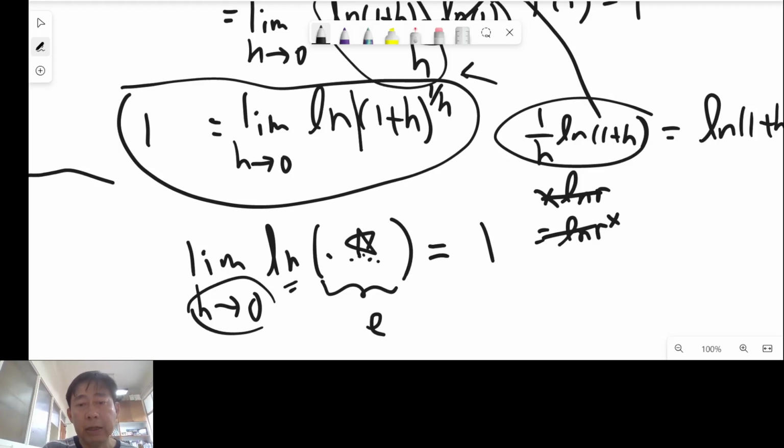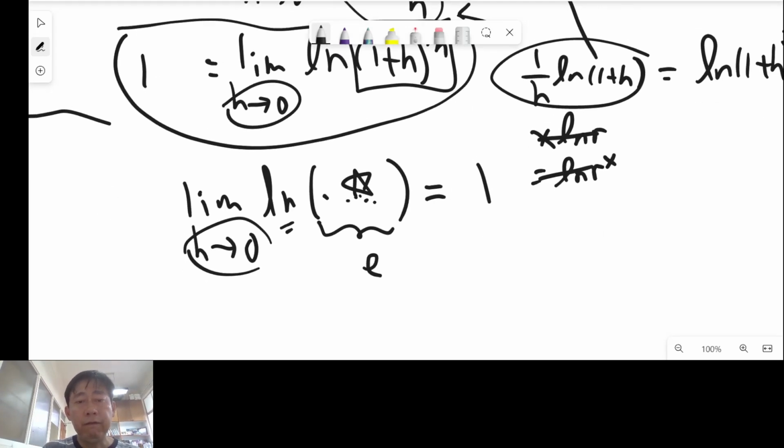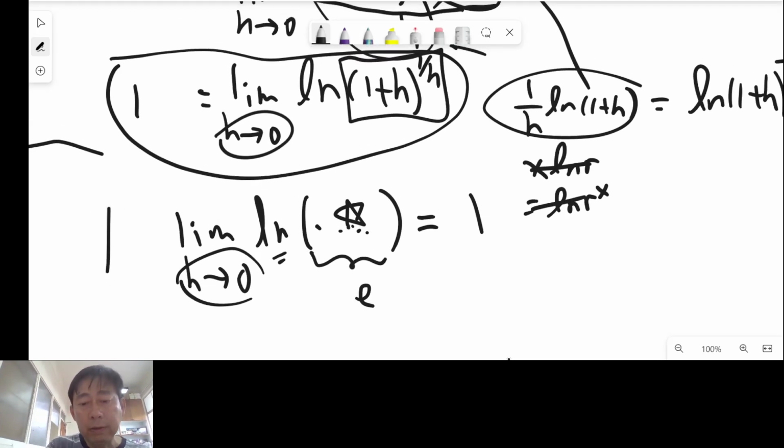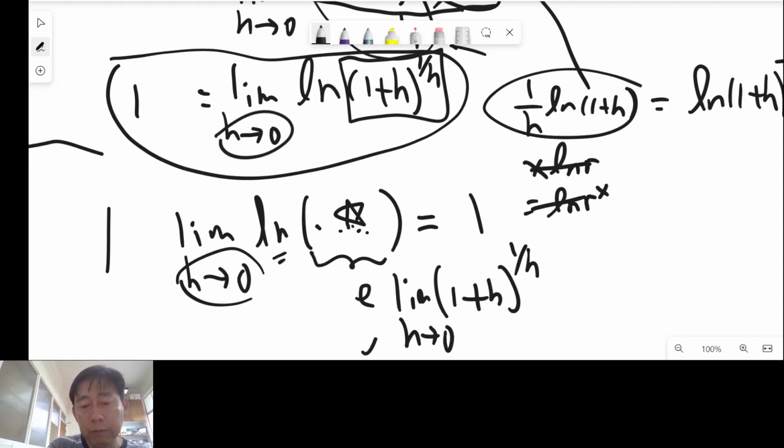It means that this thing must be equal to e when h goes to 0. So with this argument, I write down the following statement: 1 plus h raised to the power of 1 over h, in the limit as h goes to 0, must be equal to e.